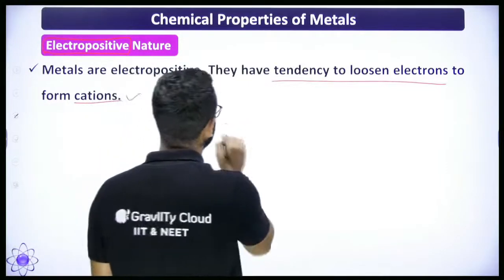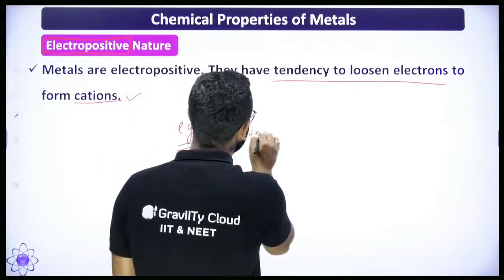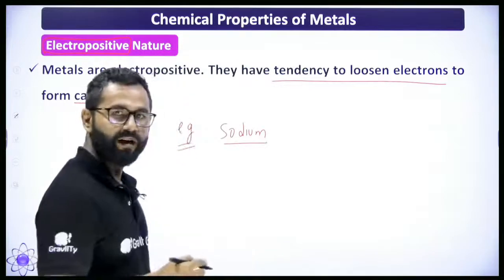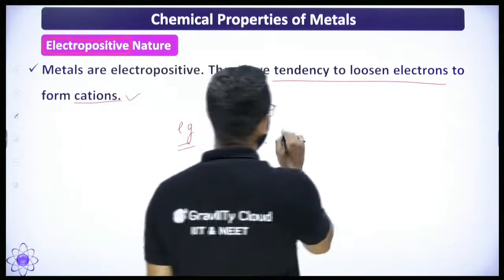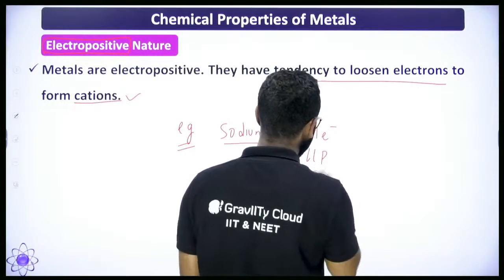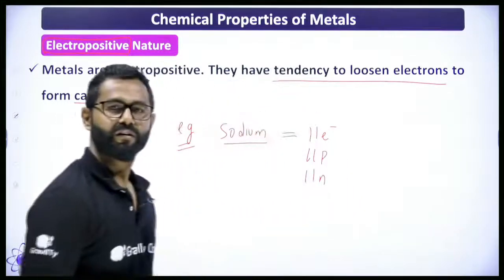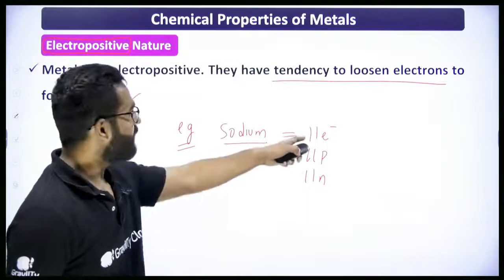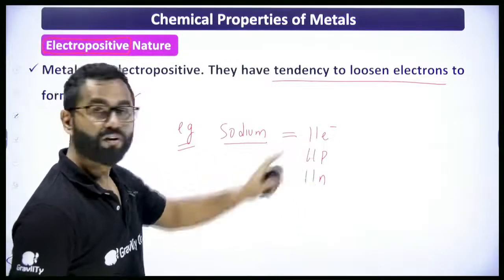For example, I have sodium, right? Sodium contains 11 electrons, 11 protons and 11 neutrons.